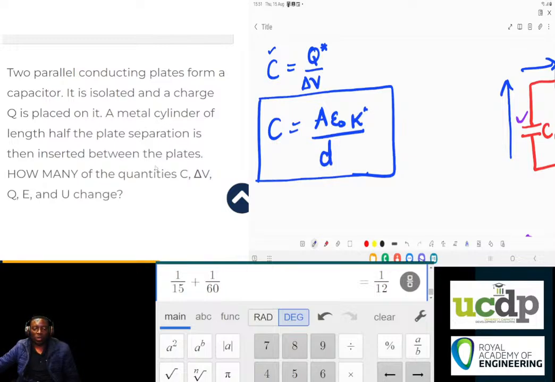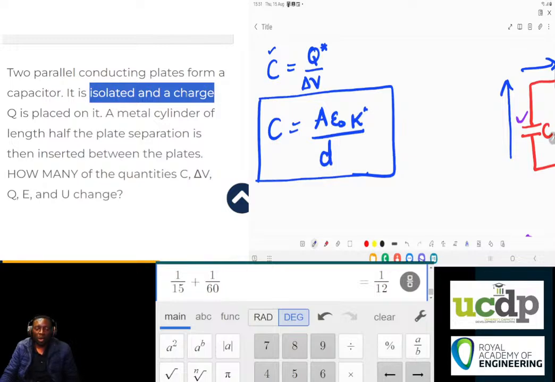So you are being guided by the fact that we have isolated this system. This part is important: we isolated the capacitor and the charge Q placed on it, so that the charge remains the same. Once the charge remains the same, it determines this behavior: because we introduce a different dielectric, capacitance will change.